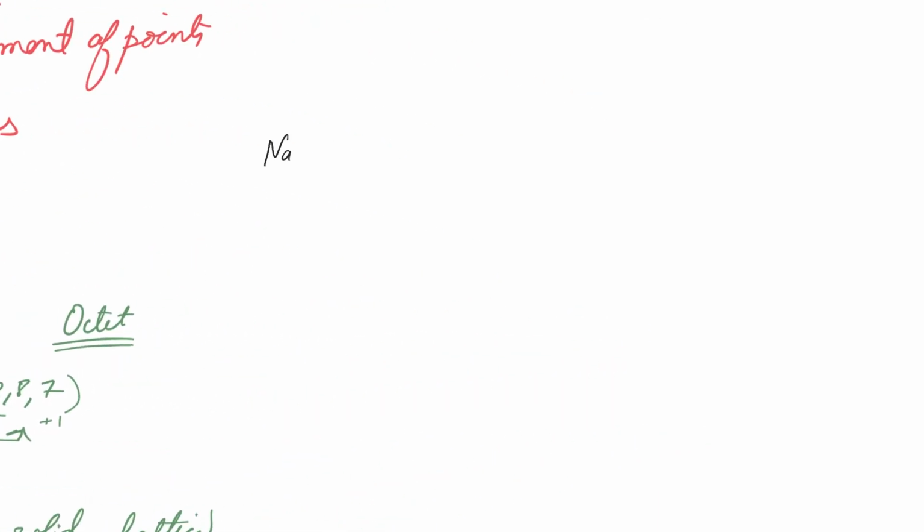Na plus and Cl minus, they would be very well together. Why? Because there is an electrostatic attraction between them. Sodium has just lost an electron and chlorine has gained one, so they have opposite charges.